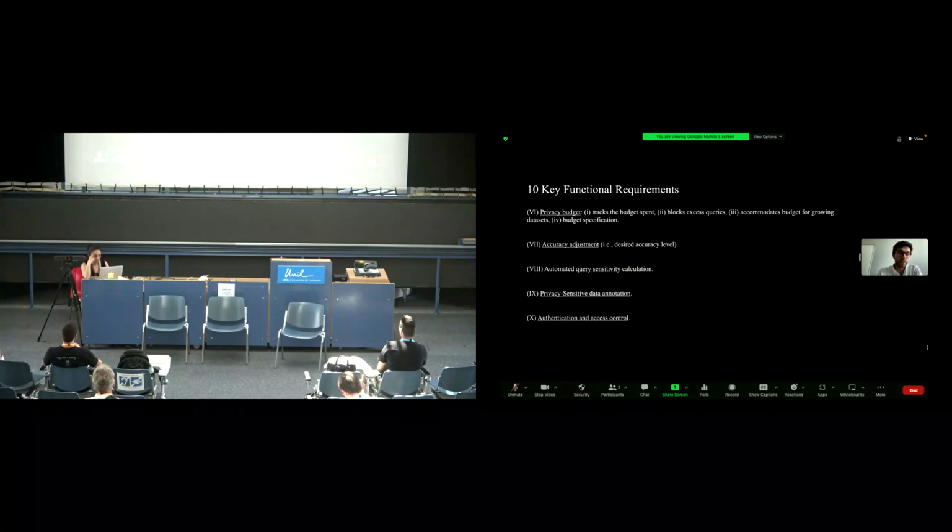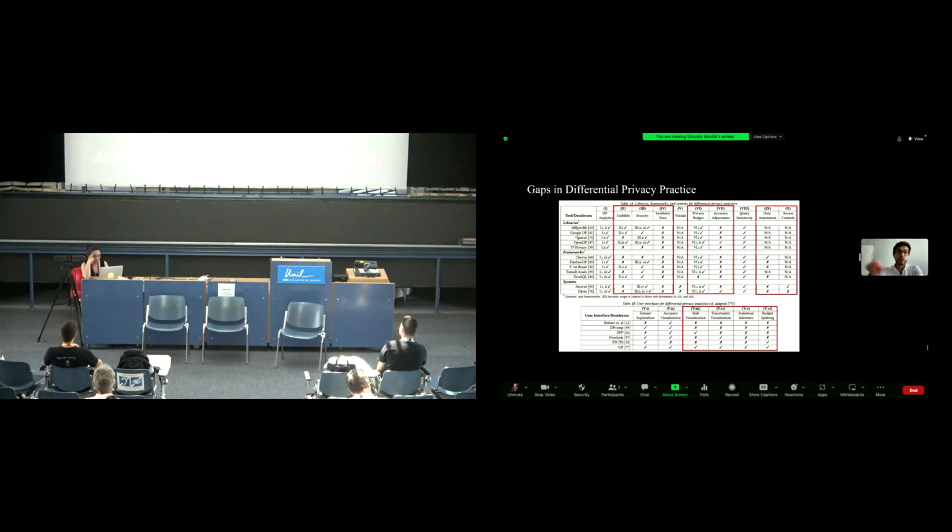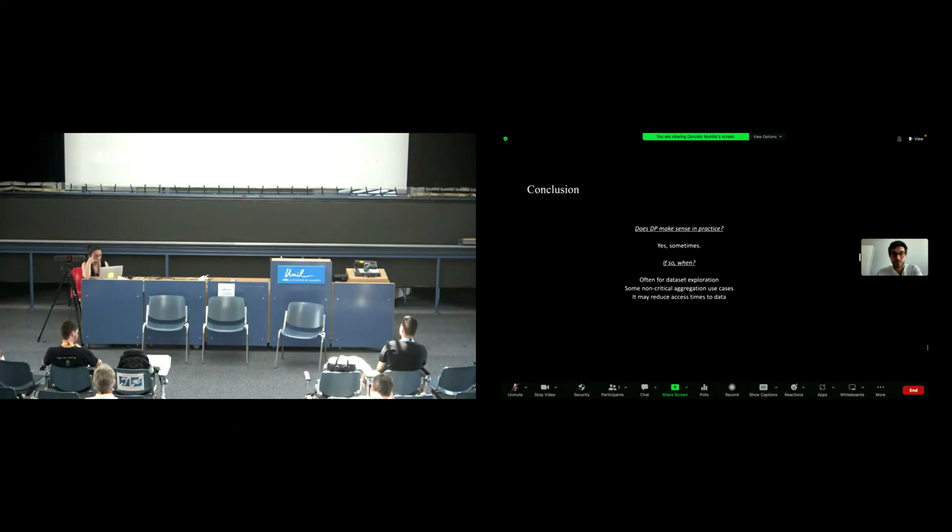The last two principles are helpful when you want to integrate it with legacy systems at a company. Then I mapped the principles and the properties of these tools, and I outlined the gaps that exist today in these open source tools, which I hope privacy library developers and framework developers look at and improve their tools.